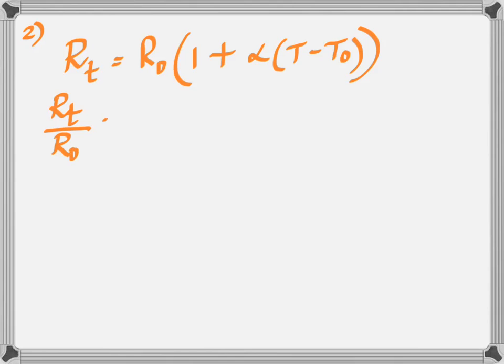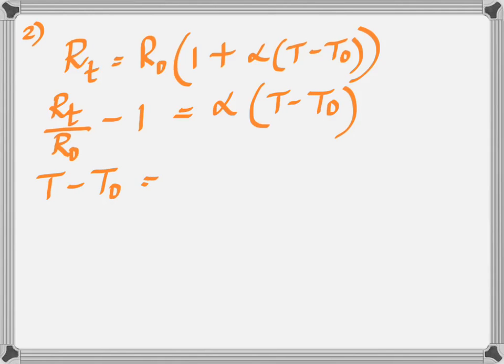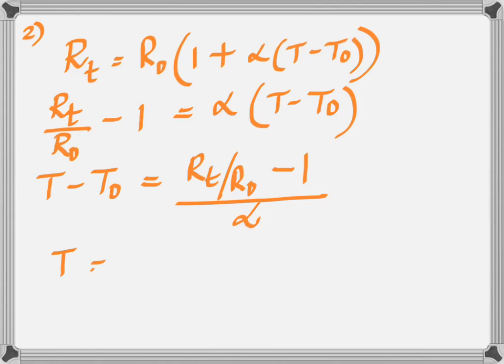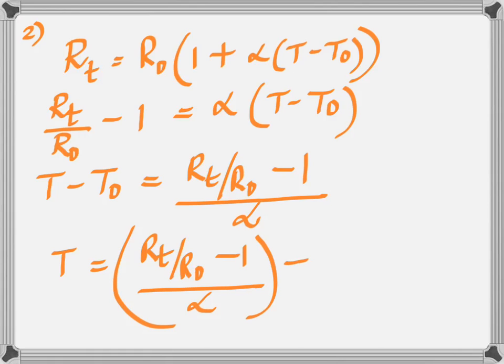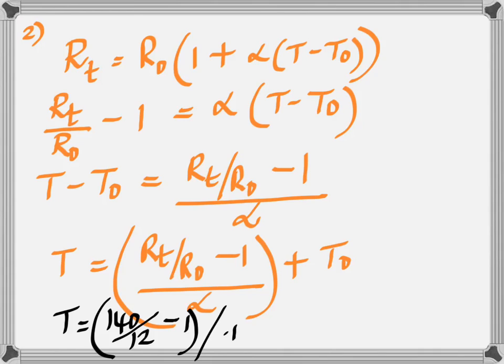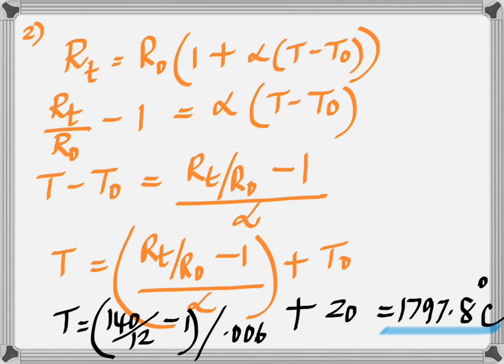Make T the subject, rearrange, substitute the numbers, and get the answer as 1797.8 degrees Celsius.